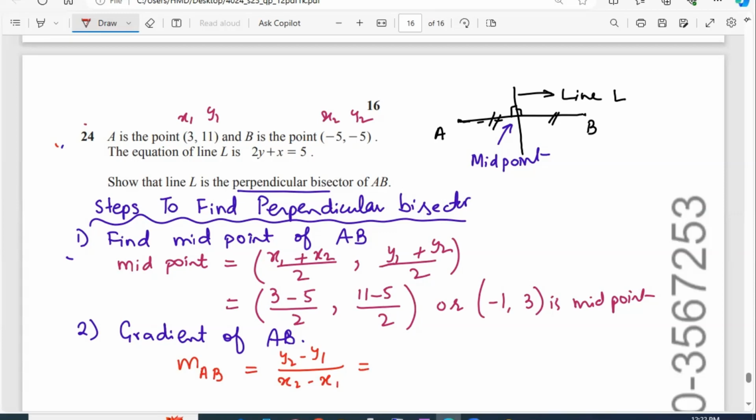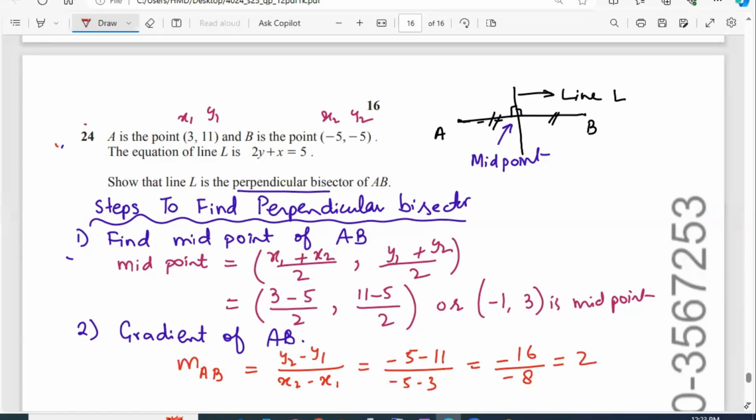So the gradient of AB will be -5 minus 11 divided by -5 minus 3. It will be -16 over -8, which is 2.